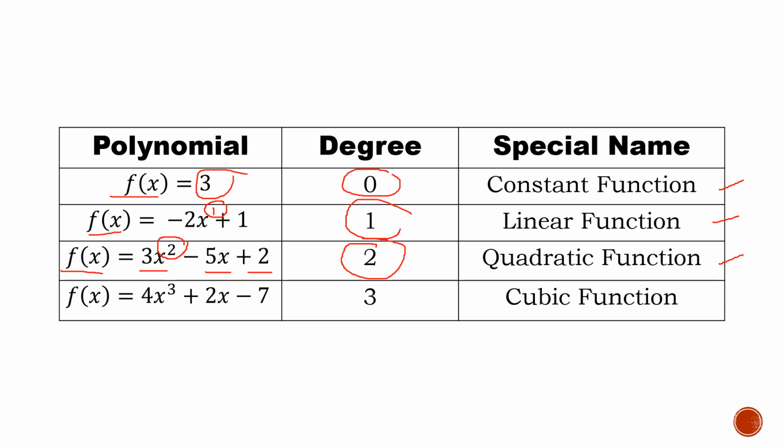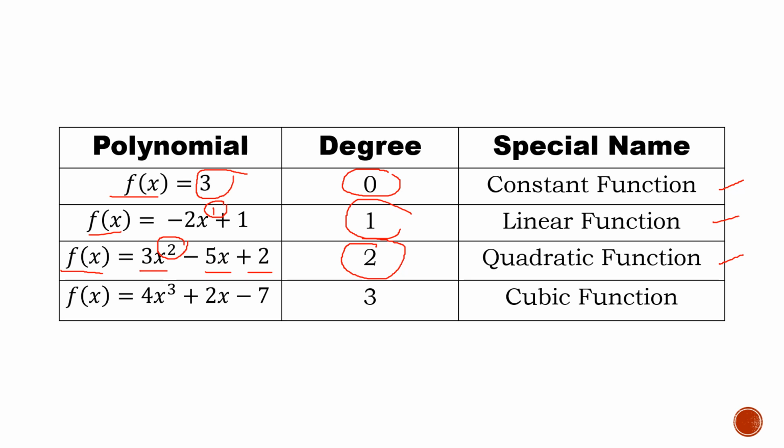Before we consider that the function is a quadratic function, you need to look for the exponent of your leading term, which is 3x. If the exponent of 3x is equal to 2, then the given function is a quadratic function. As long as the exponent of your leading term is equal to 2, then the given function is a quadratic function.